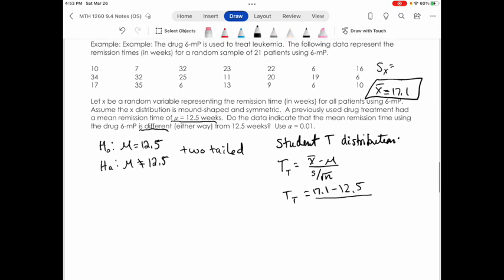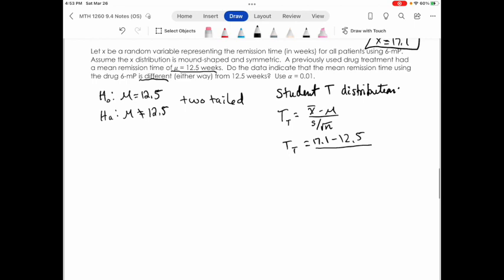We're going to divide by the sample standard deviation, which you would also get from your one variable stats, which I got to be 10. So I'm going to take 10 over the square root of 21, which is our sample size. Now, when you put that all in on the calculator, you're going to get approximately 2.108.